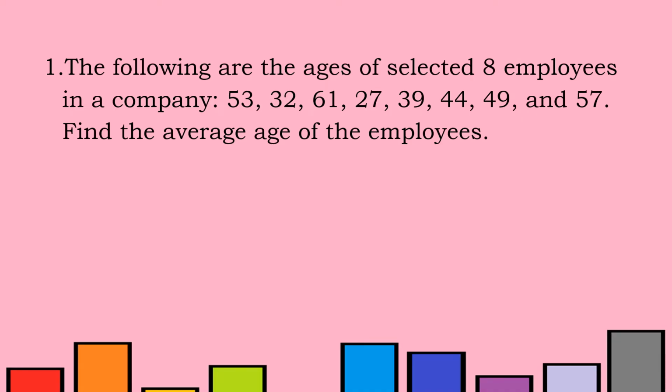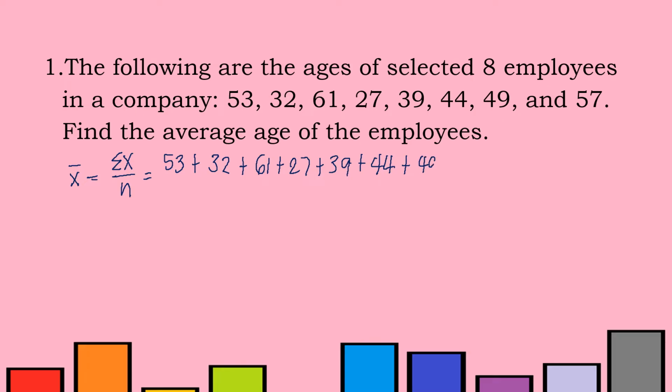So the formula is x bar equals the summation of x over n. The values of x are 53 plus 32 plus 61 plus 27 plus 39 plus 44 plus 49 plus 47, divided by 8.